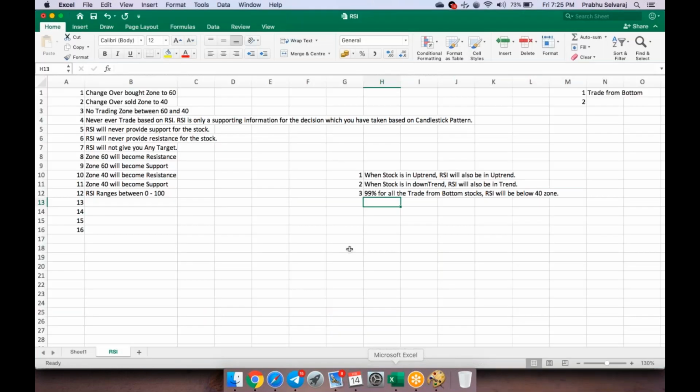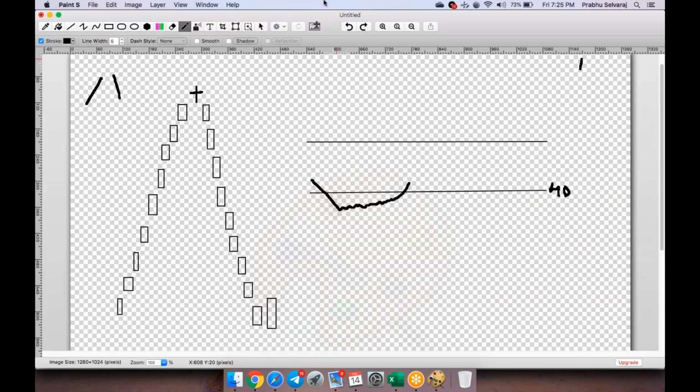That means for a trade from the bottom, you should make an entry only when RSI is crossing 40.